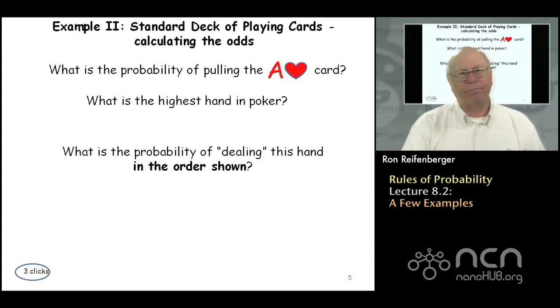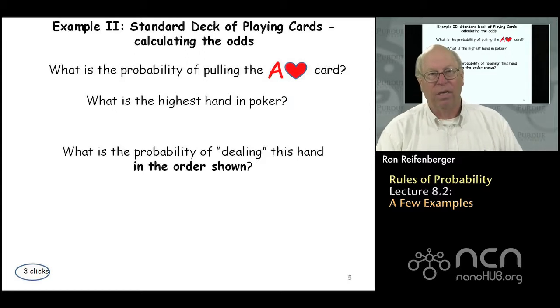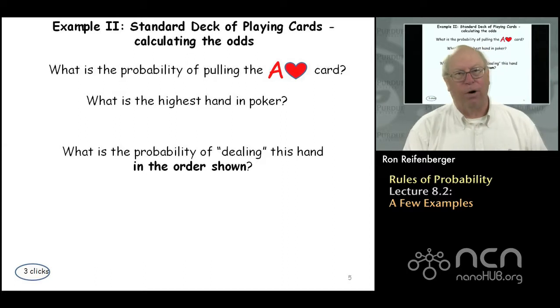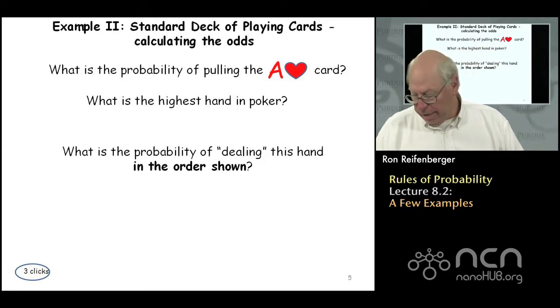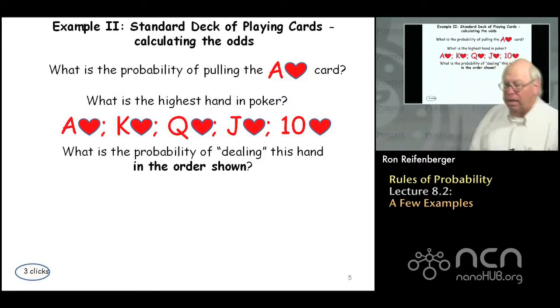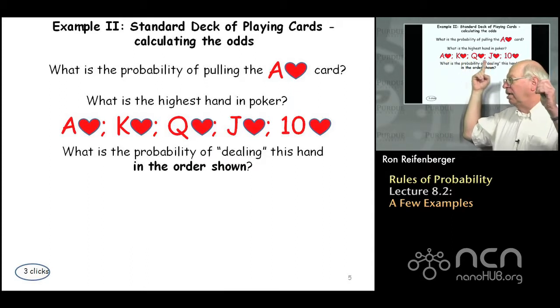We can illustrate these probabilities in some very simple ways. For instance, we can ask what is the highest hand that's possible in poker? The answer to that question, if you don't know it, is the royal flush. It's basically the ace of hearts, the king of hearts, the queen of hearts, the jack of hearts, and the 10 of hearts.